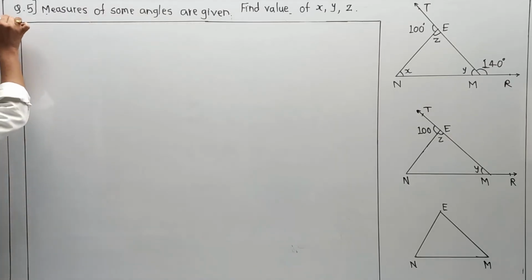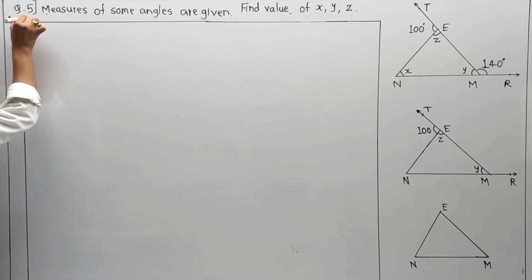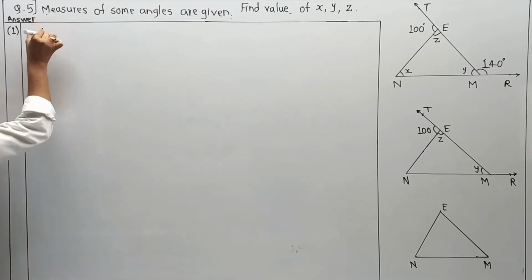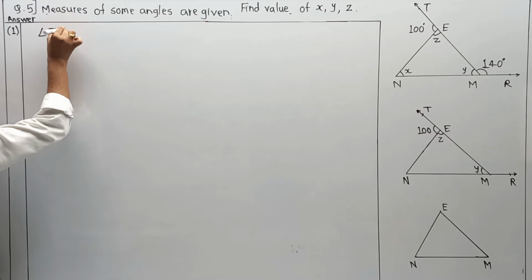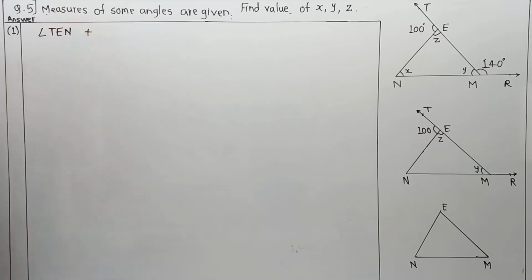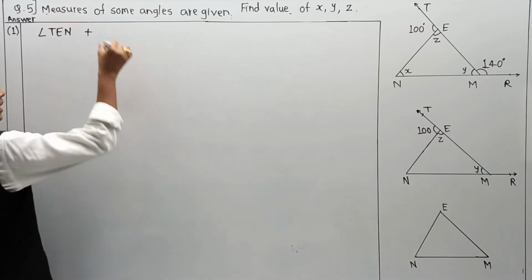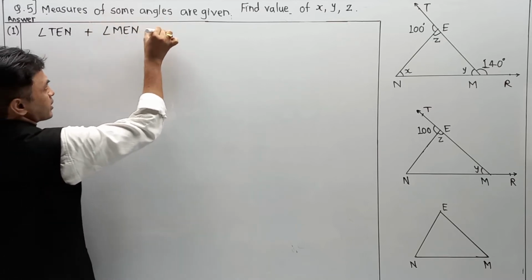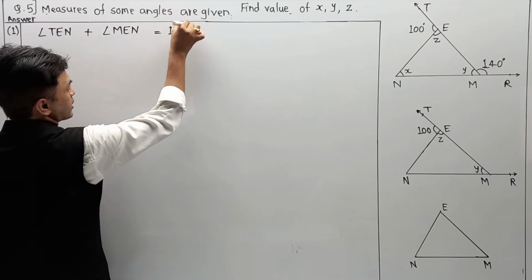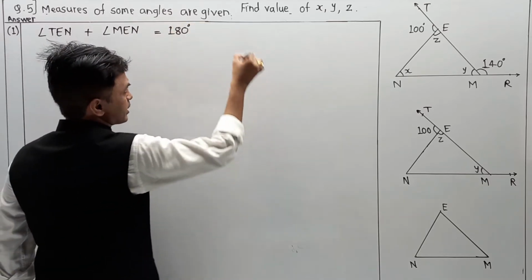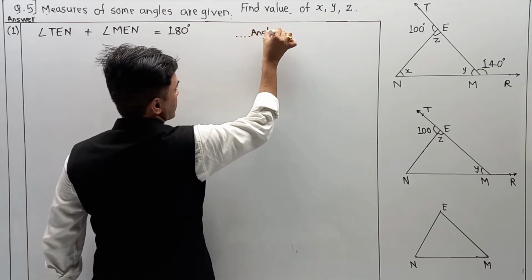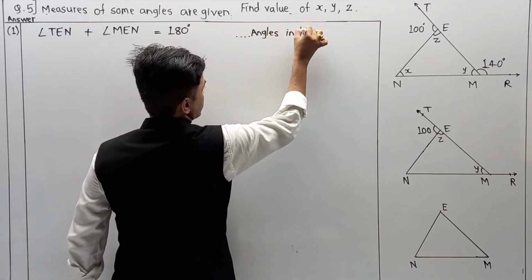Your answer: first, angle TEN plus angle MEN is equal to 180 degrees. Reason: angles in linear pair.